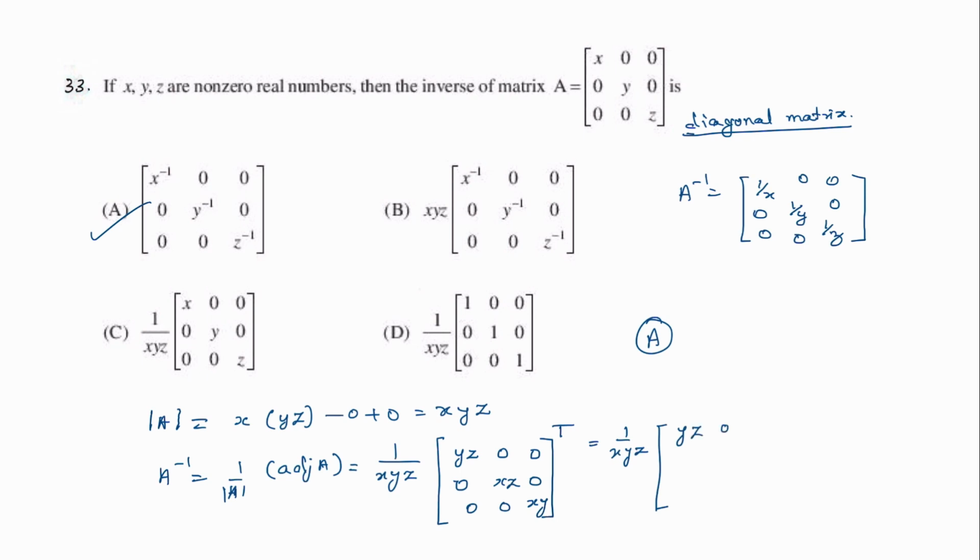It is the same because it is a diagonal matrix. So let us multiply with 1 upon xyz. We get 1 by x, 0, 0, 0, 1 by y, 0, 0, 0, 1 by z. So if you remember that for a diagonal matrix, the inverse is reciprocal of the diagonal elements, easily we can answer this question.